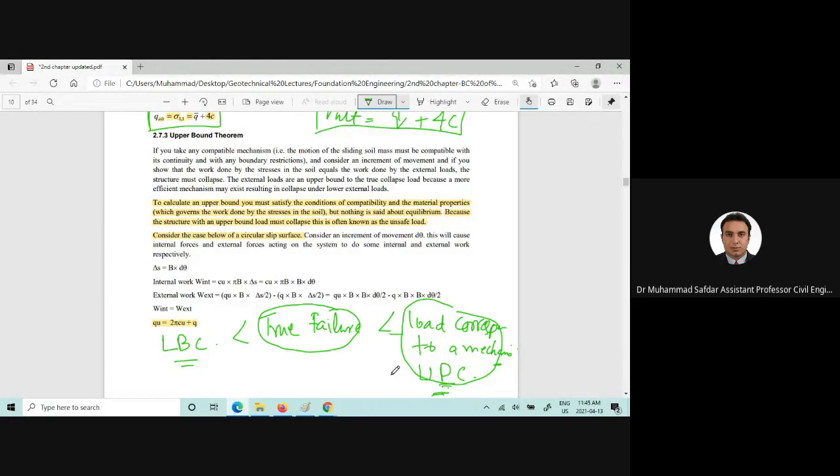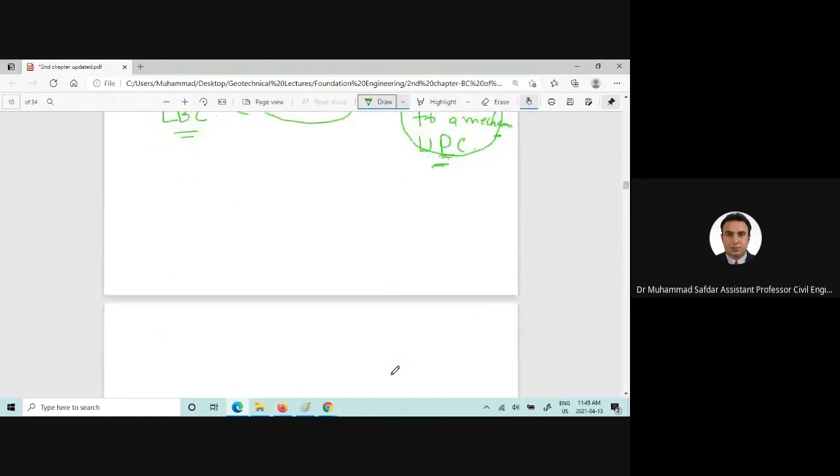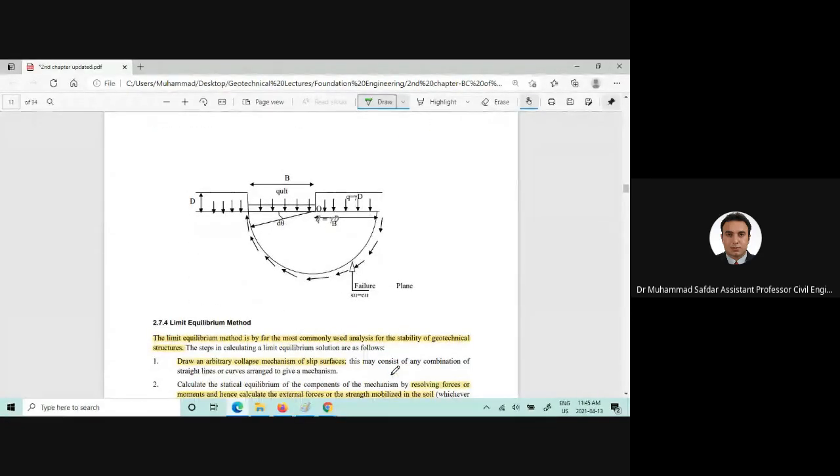So here is a method which is proposed, and that method is based upon a slip surface. For example, here is the foundation, and here we are given the overburden or the surcharge pressure gamma into D. Here is the width of the foundation.